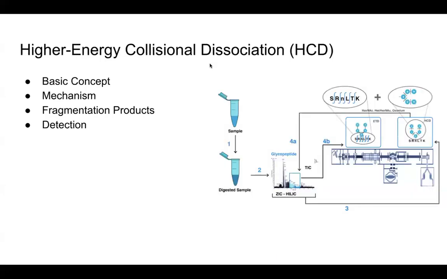Now, when you compare it to HCD, so again, HCD is similar to CID, but it operates at a higher energy level. So in HCD, the ionized molecule collides with a neutral gas molecule in a higher energy environment, leading to more extensive fragmentation.